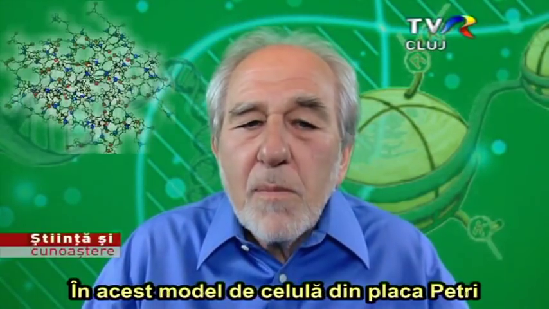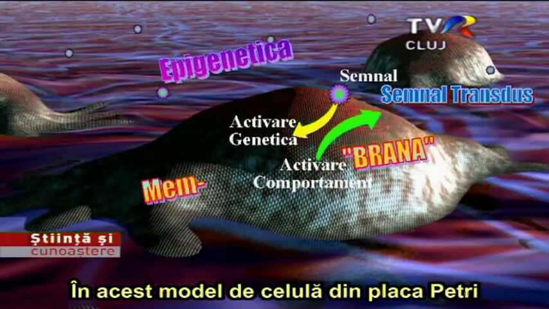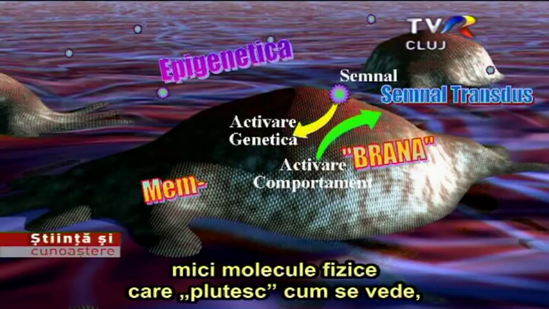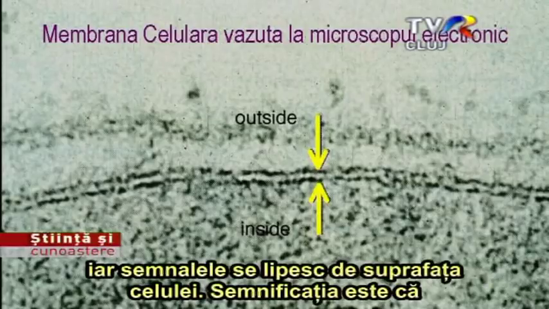In this model of cells in a Petri dish, I put in chemical signals in the form of little physical molecules that you see floating down in the video. The signals stick to the surface of the cell. The significance of that is the signal is from the environment.